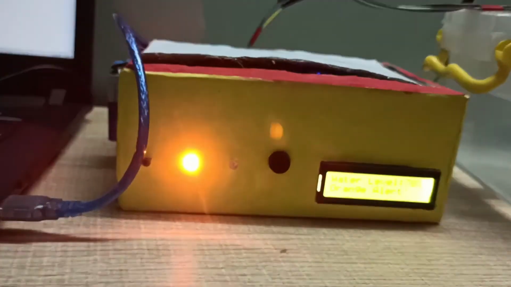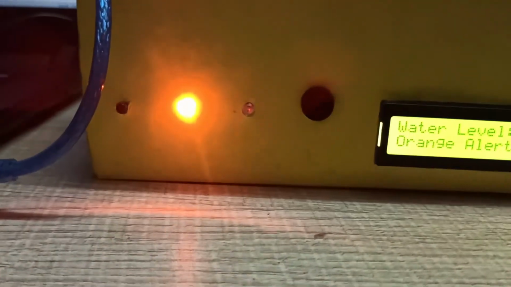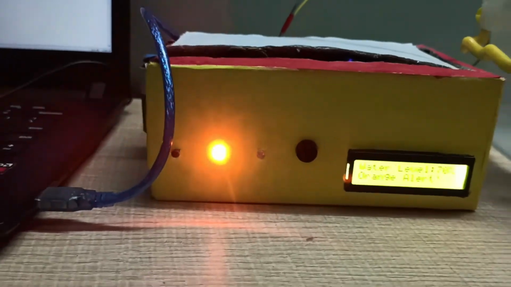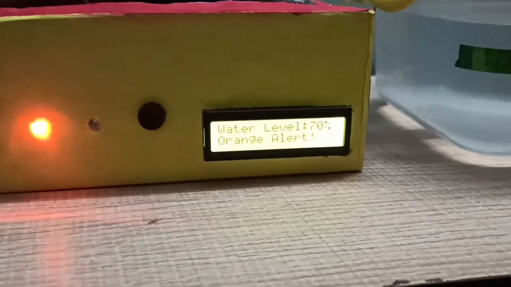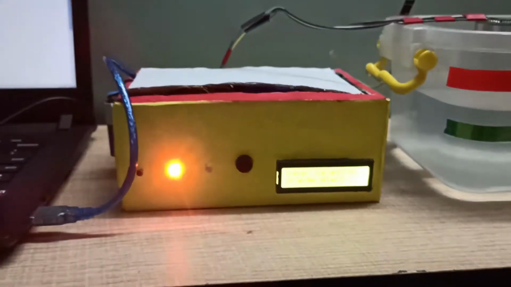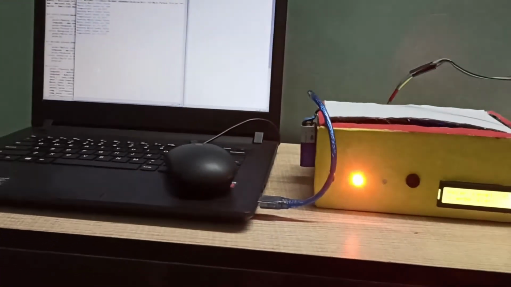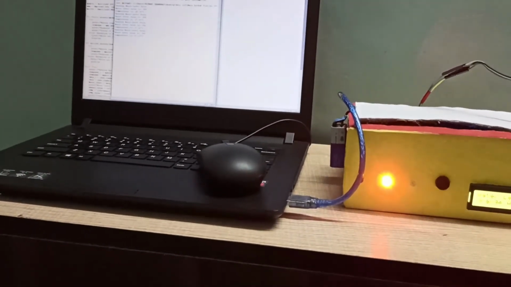You can clearly see that the buzzer is beeping and the orange LED is glowing. Also, you can see that the water level is now at orange alert. We will wait for some time so that we get the SMS alert from Twilio.